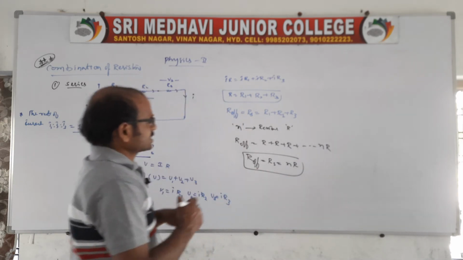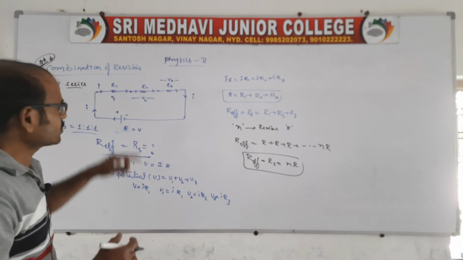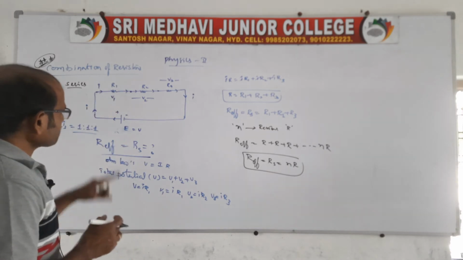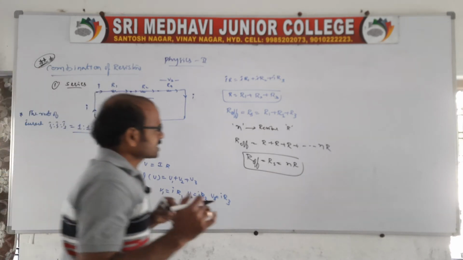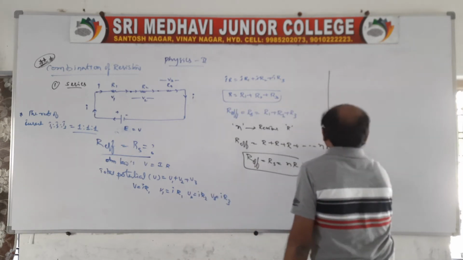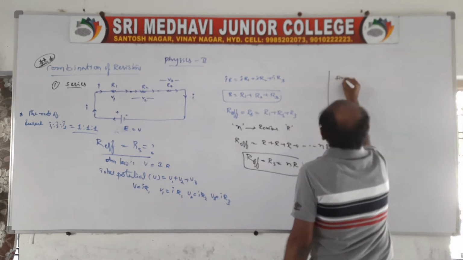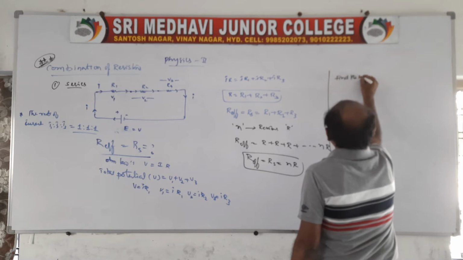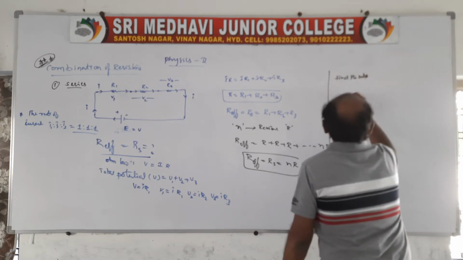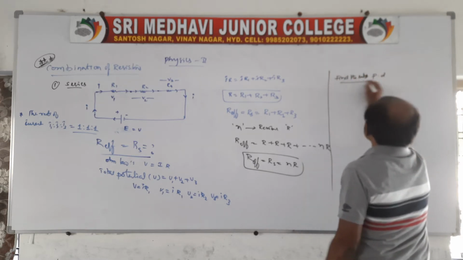Now there are some questions related to this. Suppose in a series combination, it is asking to find the ratio of potential differences.